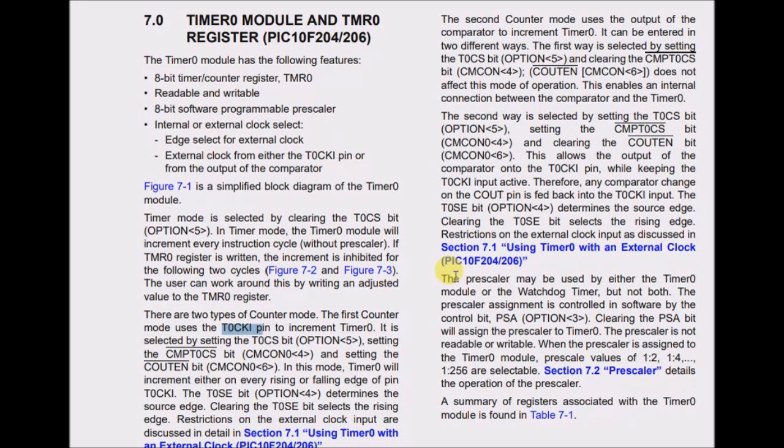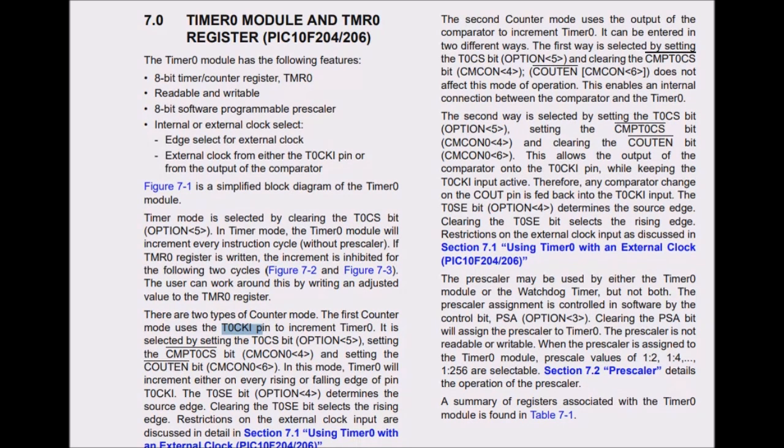The prescaler may be used by either the Timer0 module or the watchdog timer, but not both. The prescaler assignment is controlled in software by the control bit PSA, option 3. Clearing the PSA bit will assign the prescaler to Timer0. The prescaler is not readable or writable.